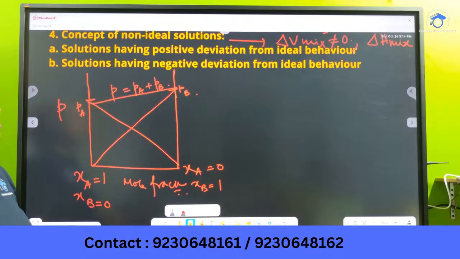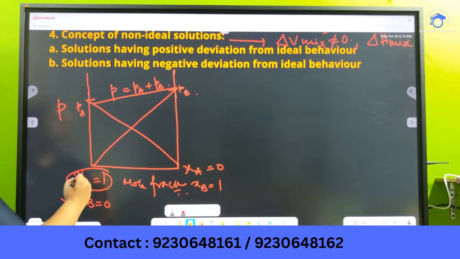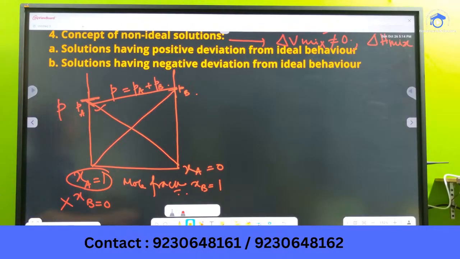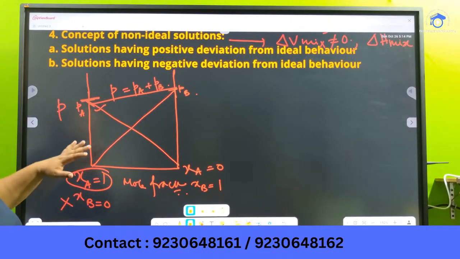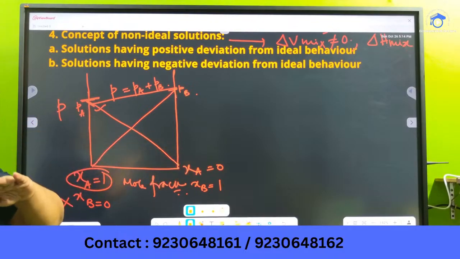Okay, so this is for ideal solution. When there is only A, no B is there, so vapor pressure is like that. Sorry, this is for A, it has some definite value. When only A is there and gradually A is decreasing, its value is decreasing from when it's in pure state.